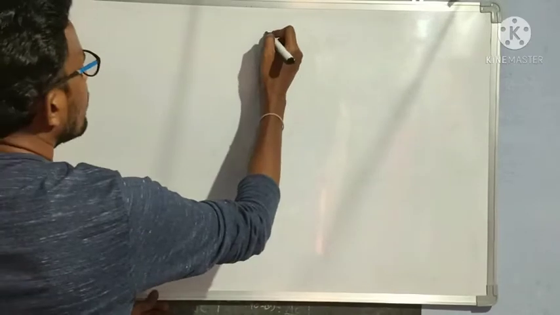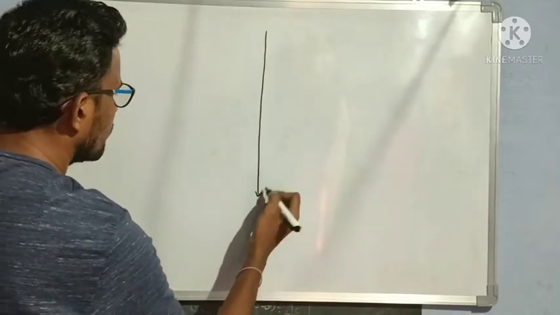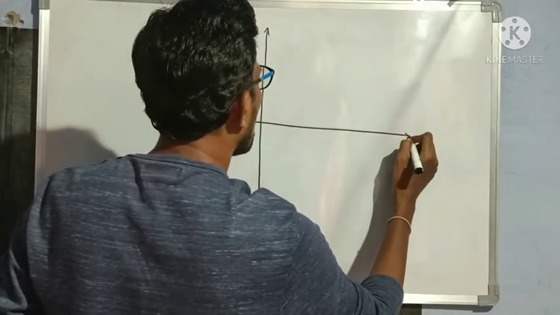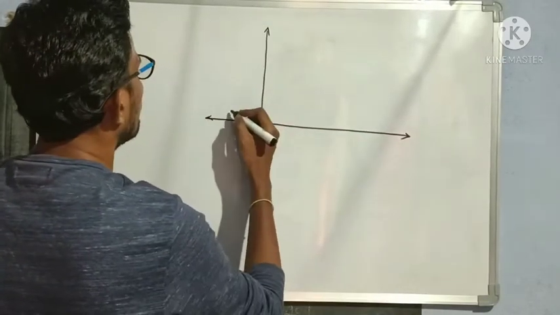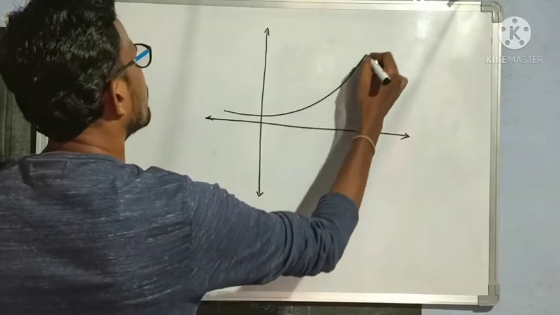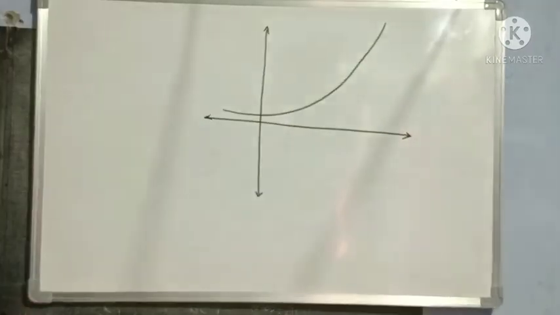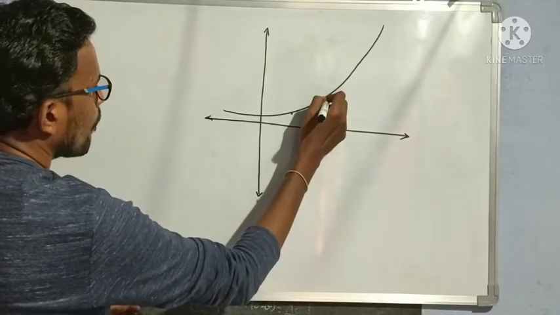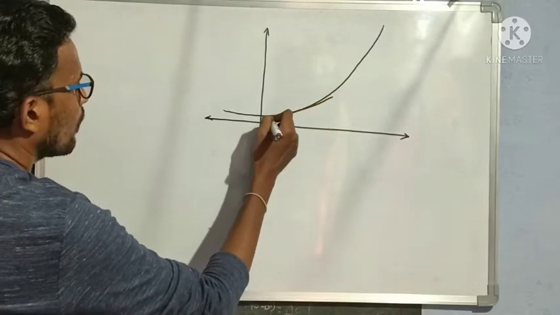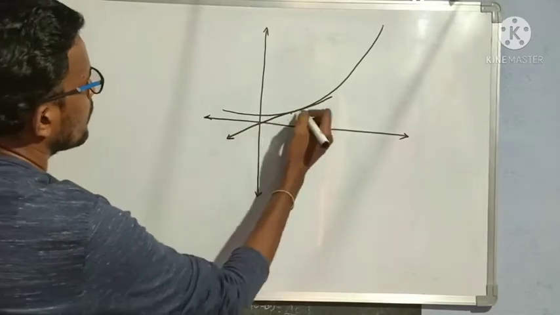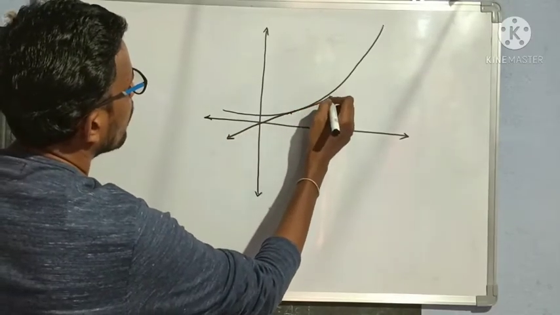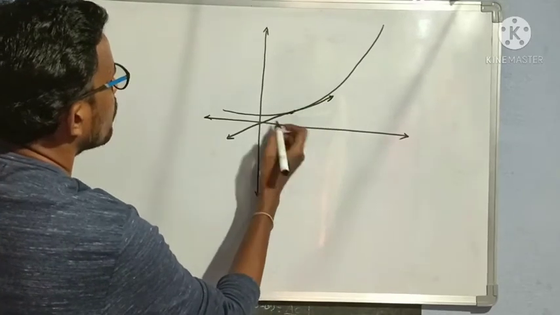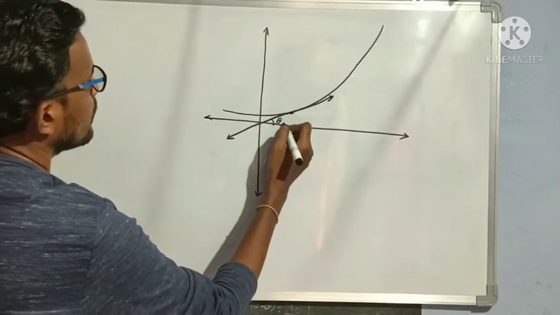So first, if I draw a curve like this, now if I draw a tangent from this point, or suppose this is my tangent from this point. So this angle, tan theta, is nothing but theta 1.